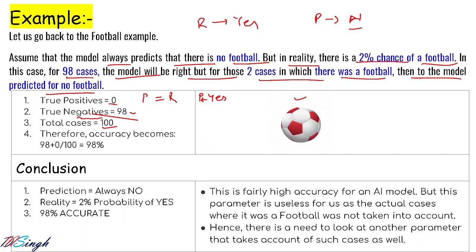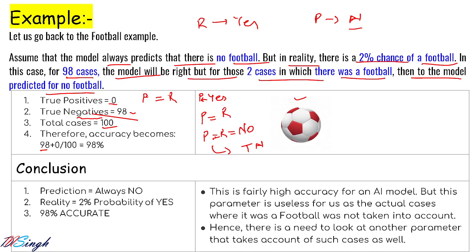98 cases of true negative. Why? Because where prediction is equal to reality, and prediction and reality both are no. Prediction and reality both are what? No. So these are the cases of TN, and these are the cases of TP, where prediction and reality are matching, and reality saying yes.